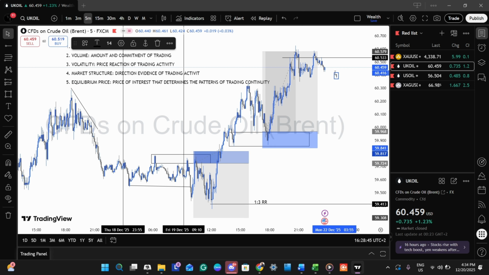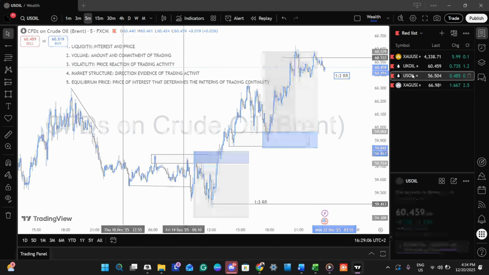So there was a 1 to 3 opportunity both on the buying and selling side on the same day. So you can see how key moments of time are important. Key moments of economic activity are important. That's one thing that's very key to understand. So that's on UK Brent oil.